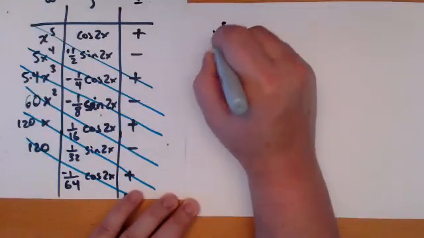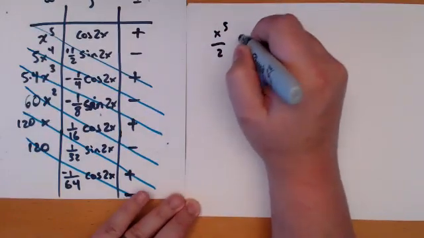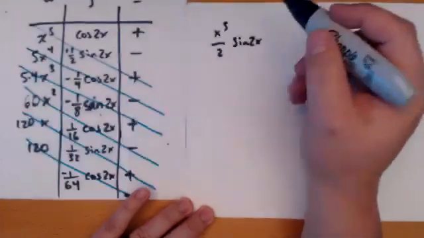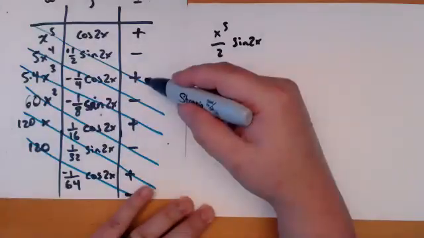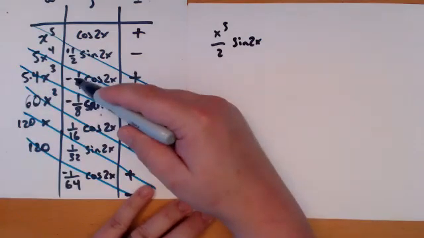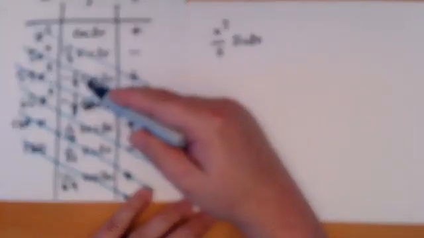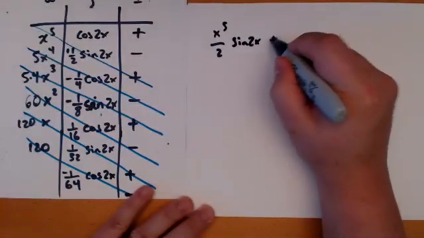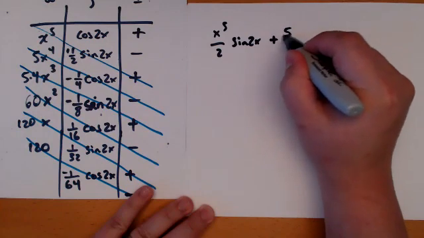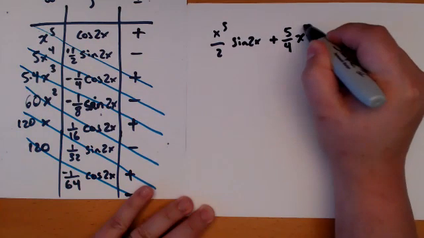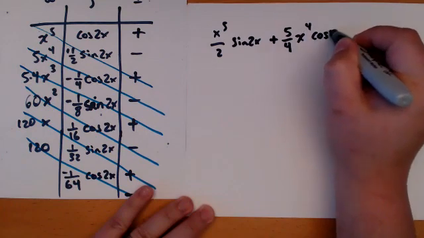So x to the 5th, 5 over 2, sine of 2x times a positive 1, right? Now on this next one, we've got a negative and a negative, a 5 and a 1/4, so x to the 4th cosine of 2x.